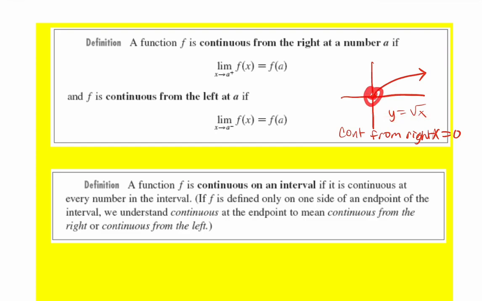So because of that, 0 is only continuous from the right-hand side. So that happens sometimes, if one side is defined and one side is not. So continuity can sometimes be thought about from the left or from the right of that particular point.